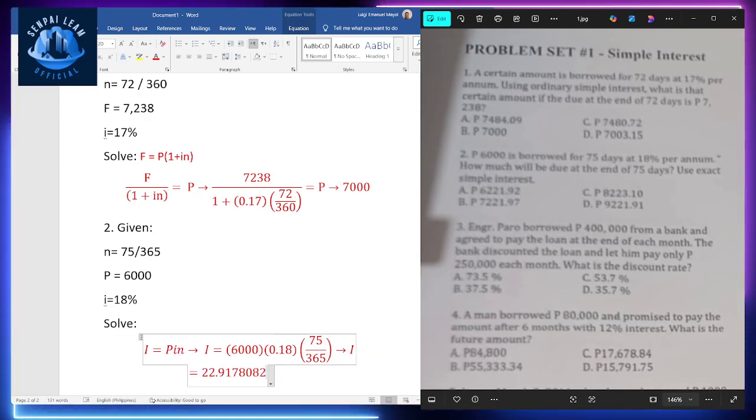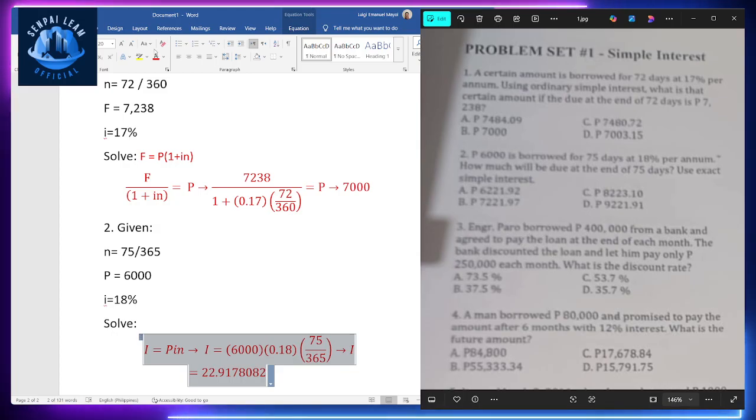That will be the value for our interest.